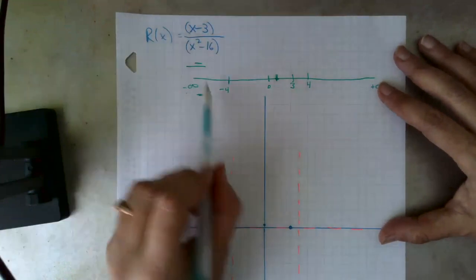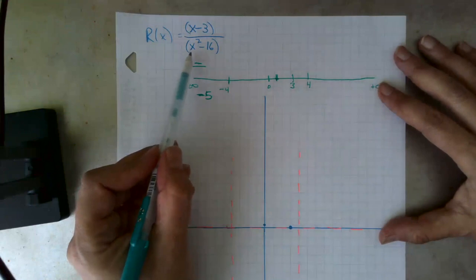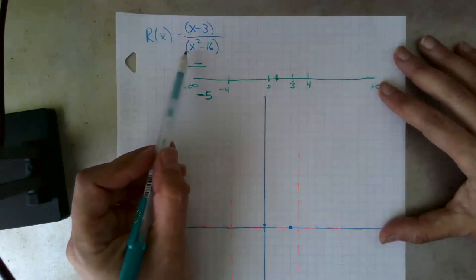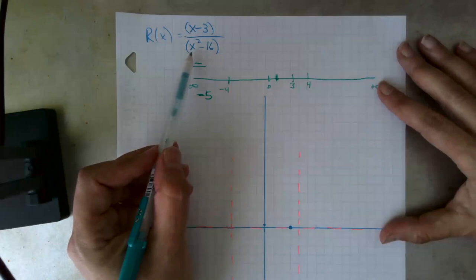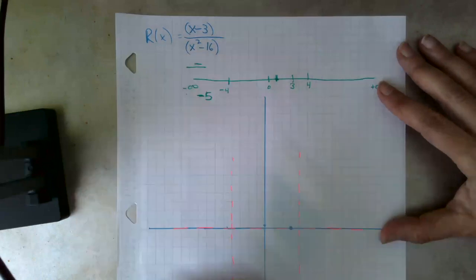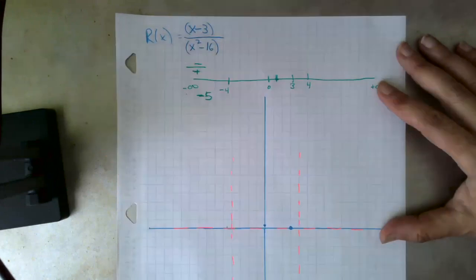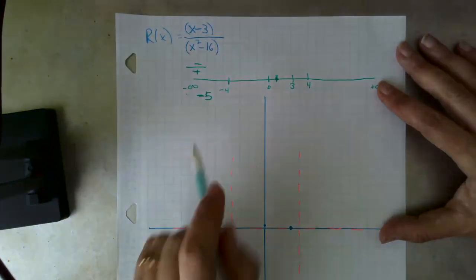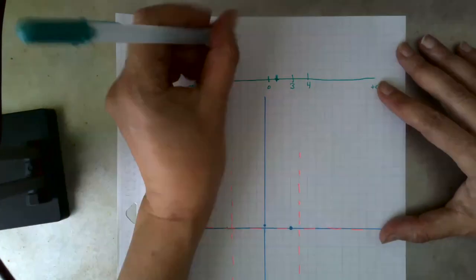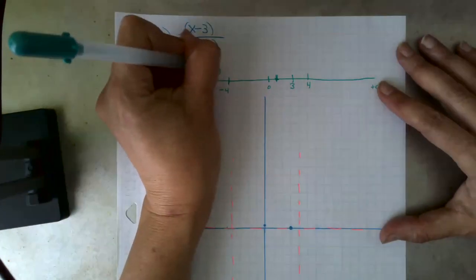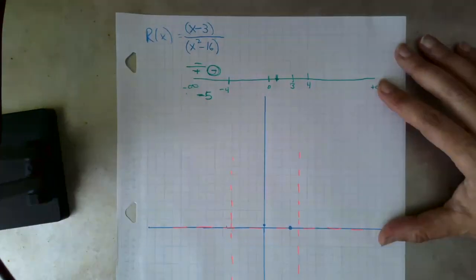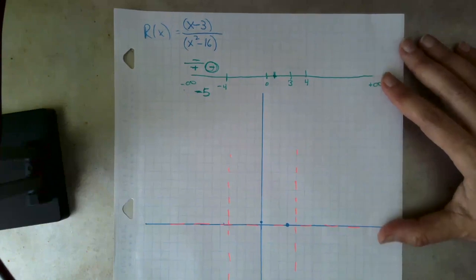When I put -5 into a squared term, that pops out +25. And +25 minus 16 gives me a positive in my denominator, and a negative divided by a positive means in this whole interval, I can expect to have negative numbers.